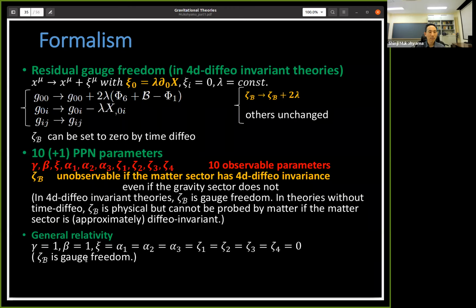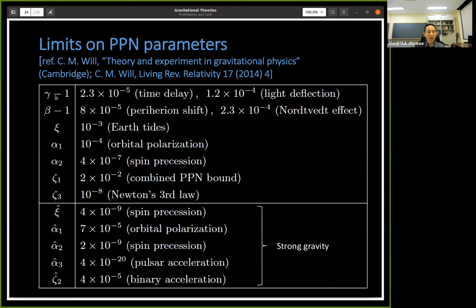The deviation of gamma from 1 is constrained by various time delay and light deflection measurements, up to say 10 to the minus 5. And beta minus 1 is also constrained in this way, and zeta and the other PPN parameters are constrained in this way.